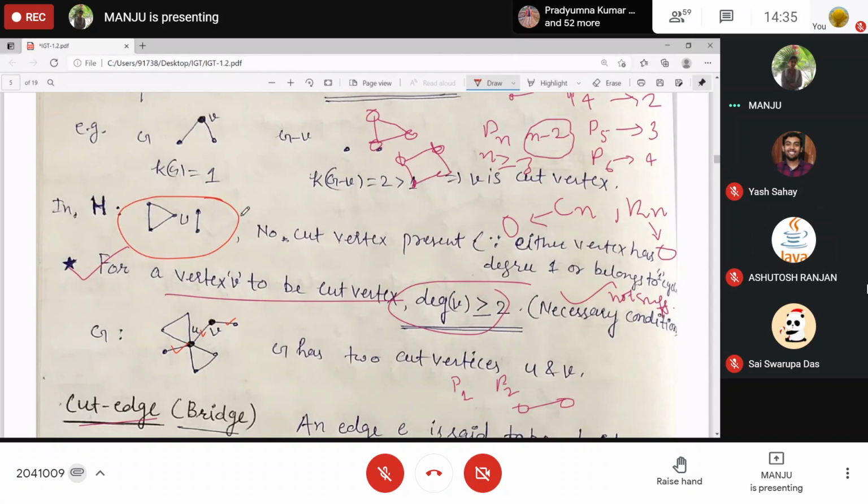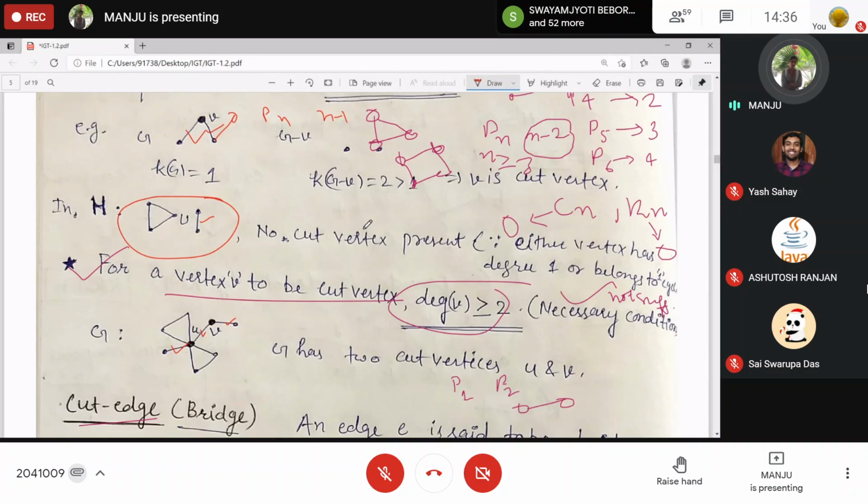One. And what about this one? Two. In case of Pn, in P3, two. In P4, three. In Pn, n minus 1. These are the number of bridges.